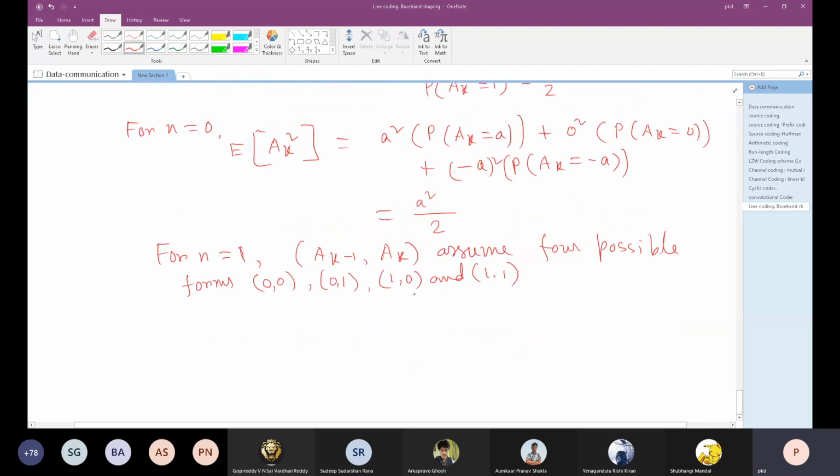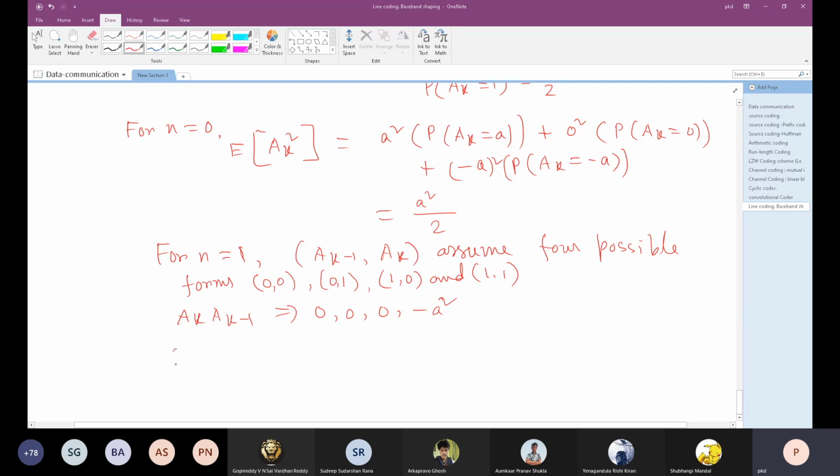All these involving 0 will produce multiplication 0. Only this one has plus A and minus A. So this will be equal to minus A square.